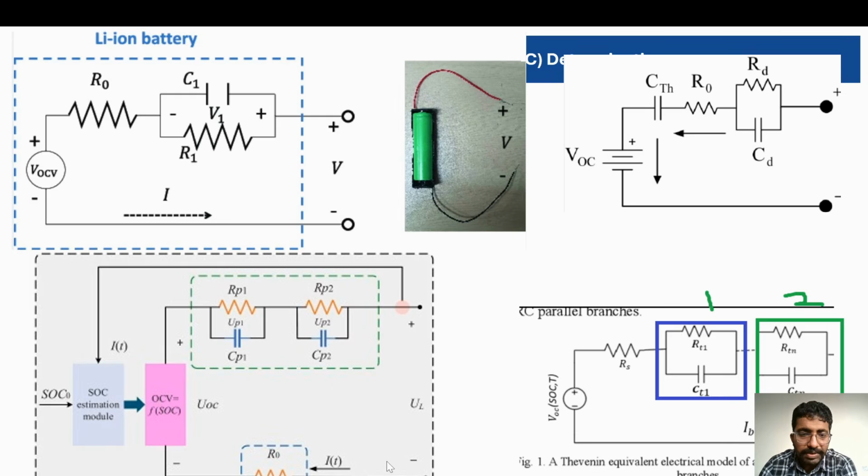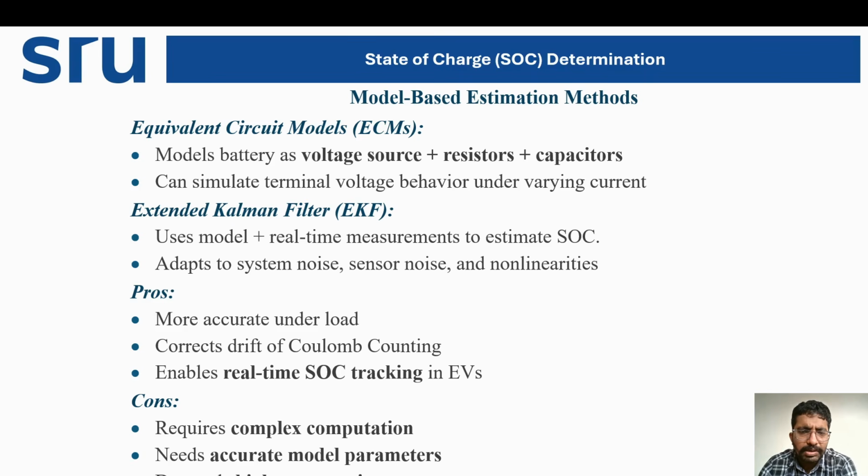Out of these different varieties of models, which one accurately resembles the functionalities of the battery is very difficult to say. Sometimes it is expected that the simpler it is, the better it will be. Whereas if we consider more components, then that will be somewhat better, but it is computationally less efficient. So a trade-off needs to be made between the number of components and accuracy.